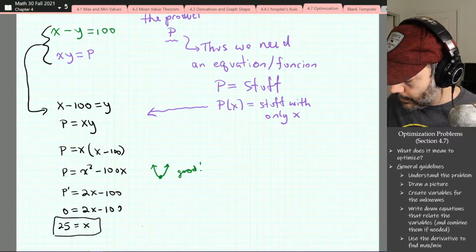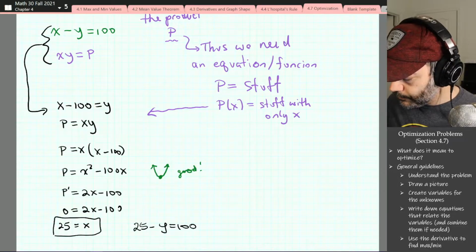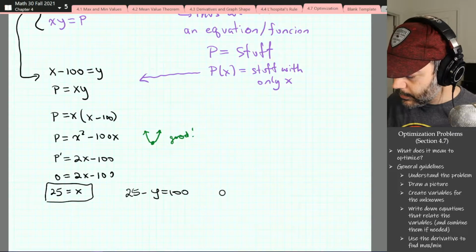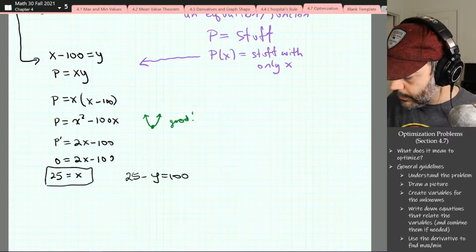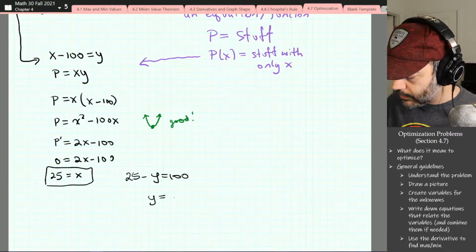So that means 25 minus y equals 100. And so we get that y equals, so if I add the y over to the other side, subtract 100, I get that y equals negative 75.